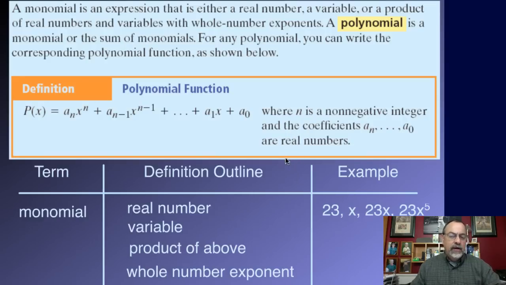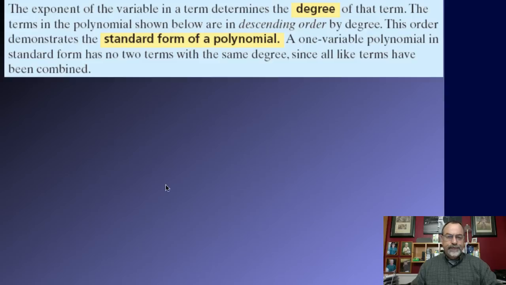Poly meaning many, mono meaning one. So a monomial is anything that we've been working with in the past. We also call these terms, and when we put them together, adding them together or subtracting them, which is adding the opposite, we then have what we call a polynomial, just meaning many monomials put together. Okay, so that's what makes a monomial, and that's what makes a polynomial.